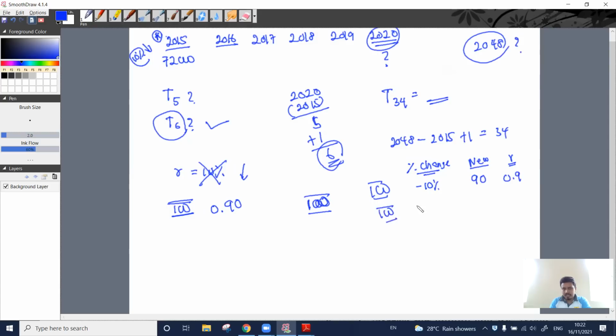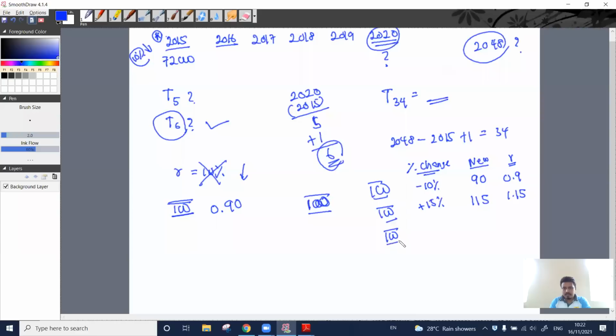Always compare with 100. If there is a 15% increase, what should be the new value? 100 plus 15, that is 115. So what should be the common ratio then? That should be 1.15. Right?